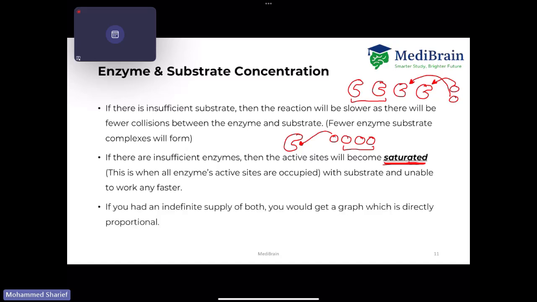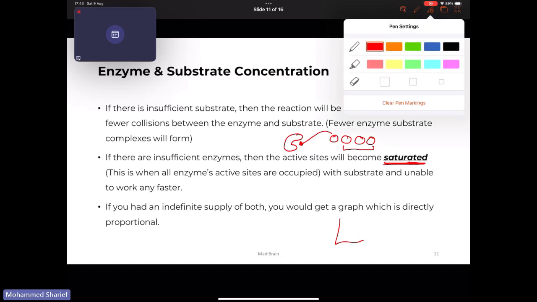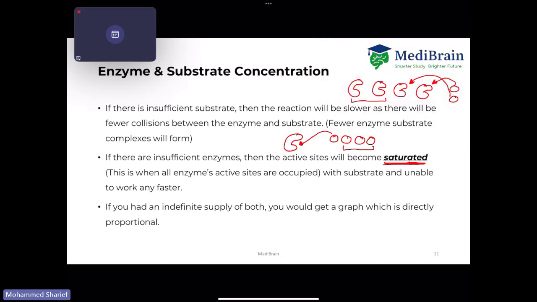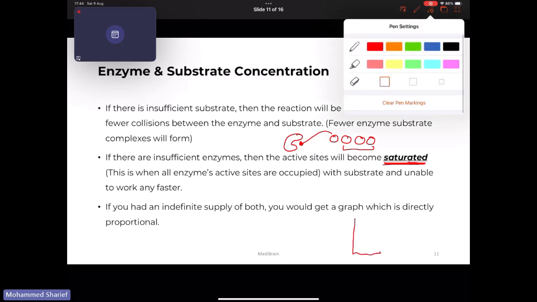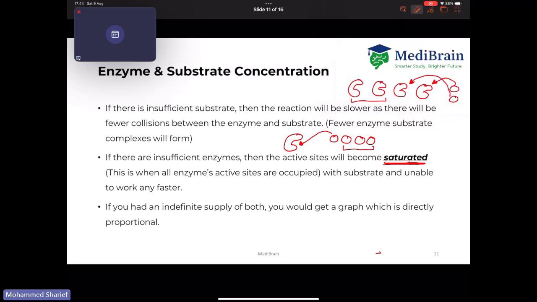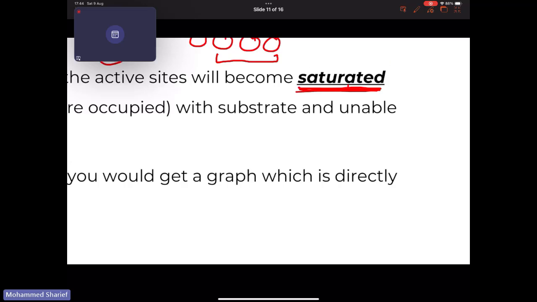Now, if you had an indefinite supply of both, you will get a graph which is directly proportional. So if you had infinite enzymes and infinite substrate, you will get a graph that's basically like this.